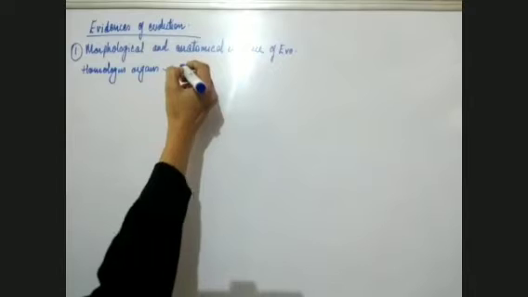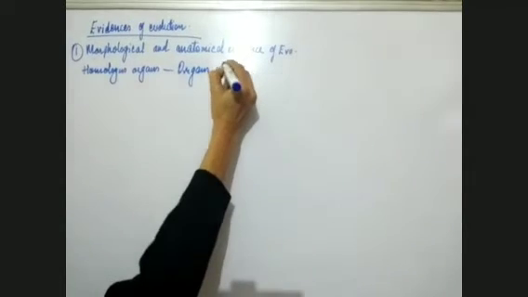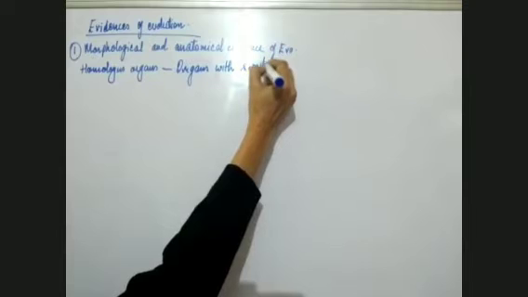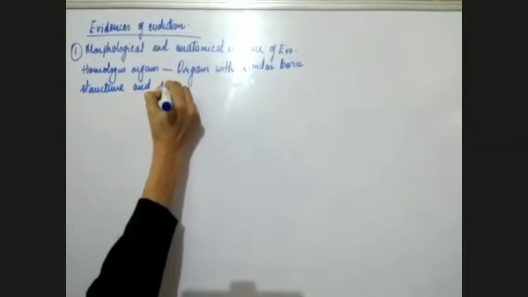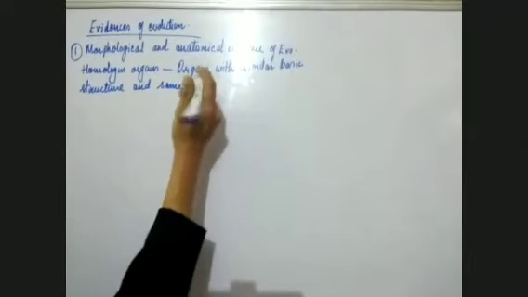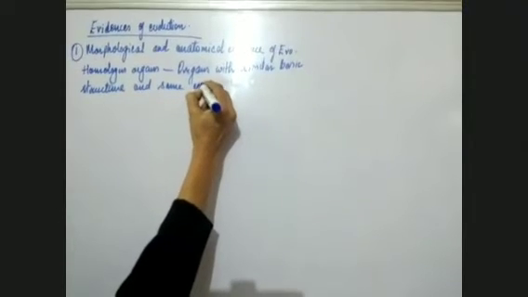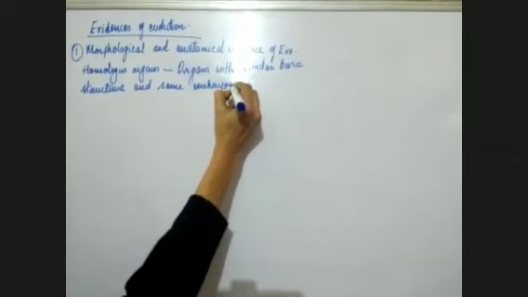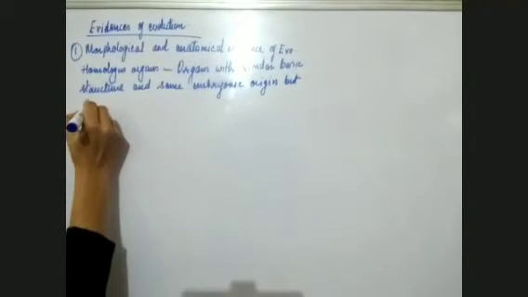So homologous organs are the organs with similar basic structure and same embryonic origin, but functionally different.